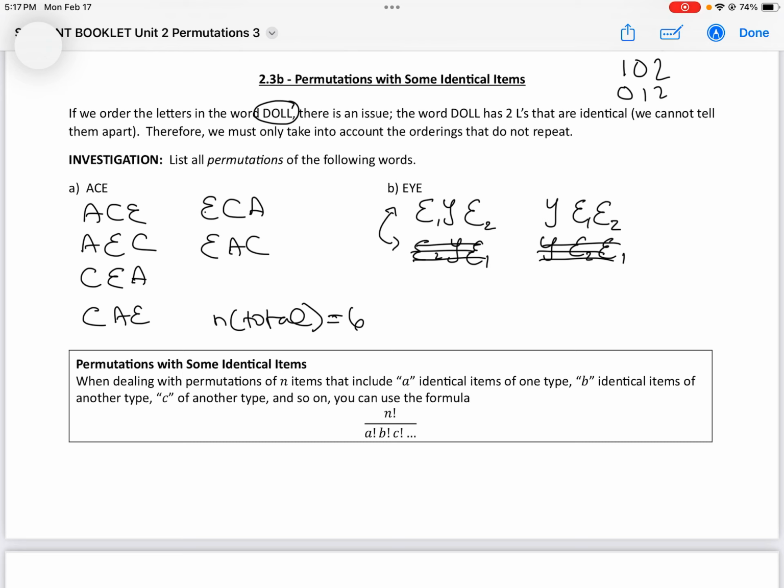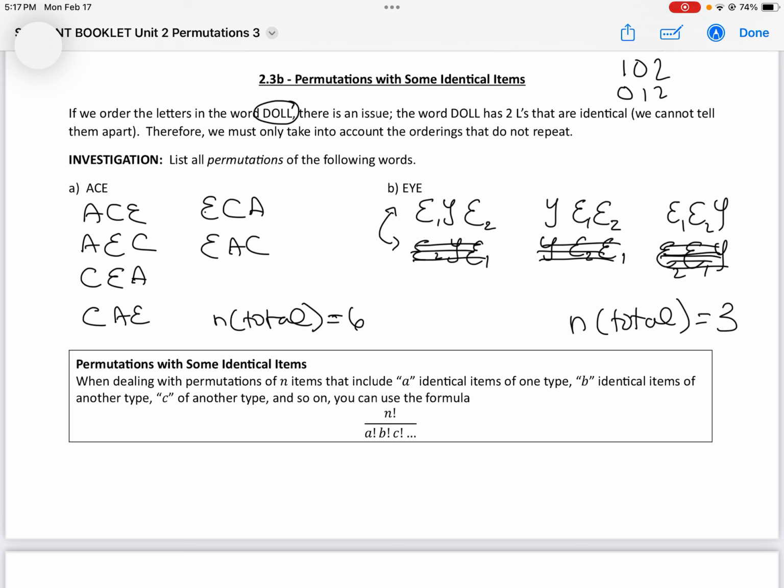So we don't count it as a new permutation. And then EEY and EEY, again, first, second, second, first. This is not unique. So the total for the letters in the word I, EYE, is actually only 3.